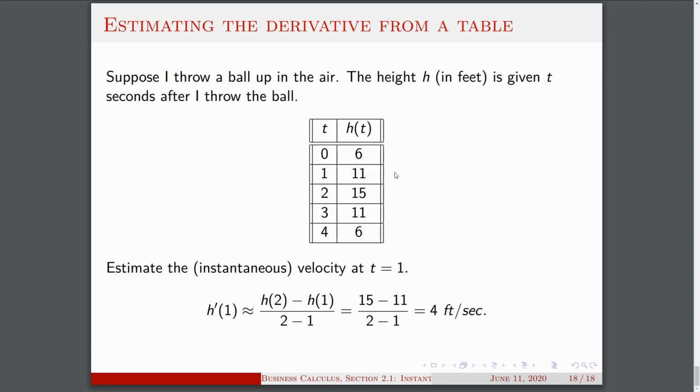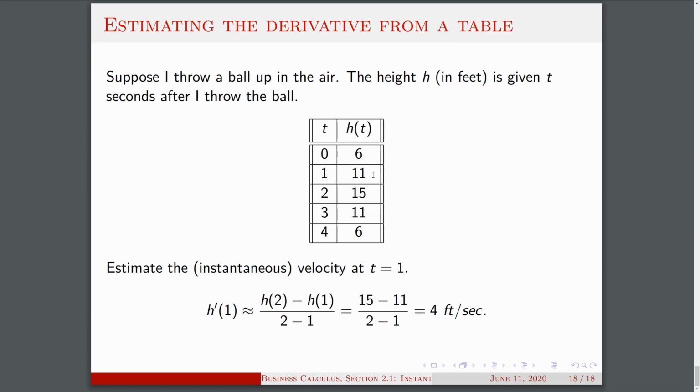Well, unfortunately, I don't know what the y values are for t values very close to 1. So I can't use the same technique I used before where I plug in t equals 1.1, 1.01, 1.001, and so forth, because I don't know the y values. I won't be able to do the full formula.